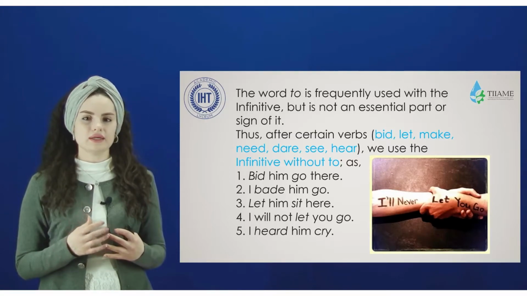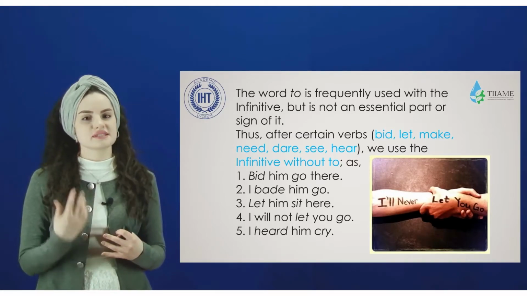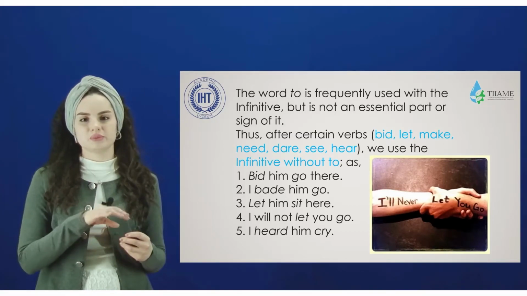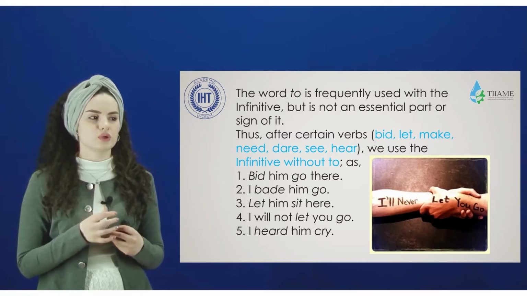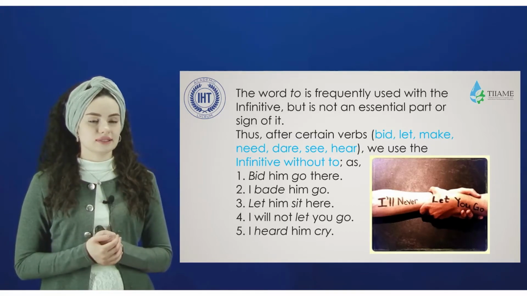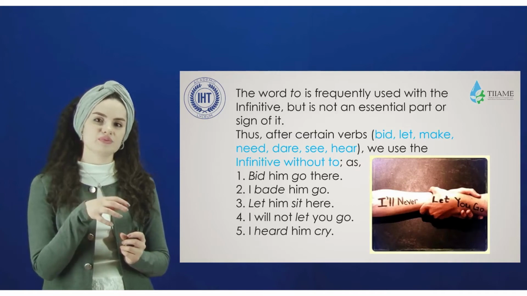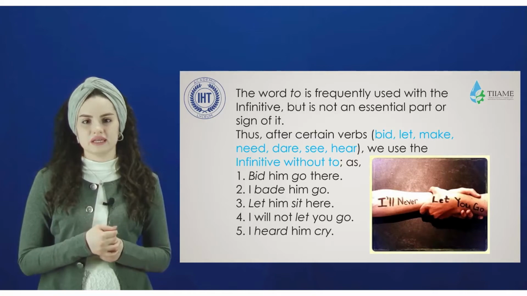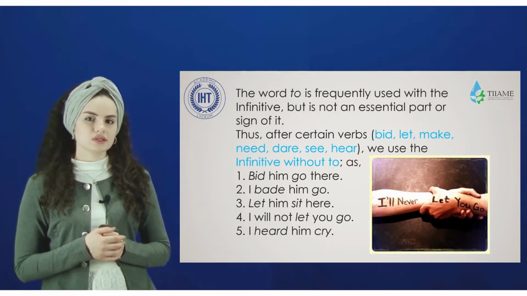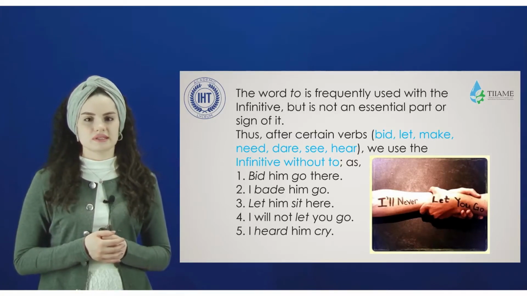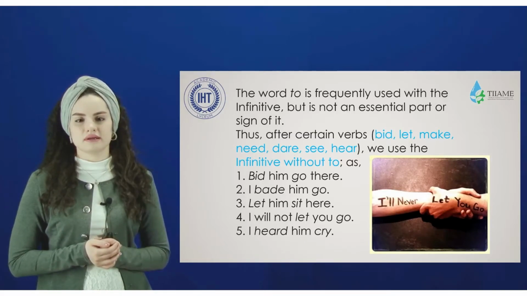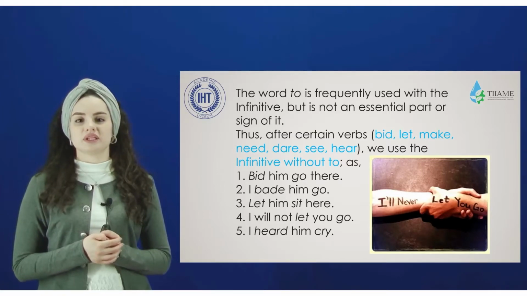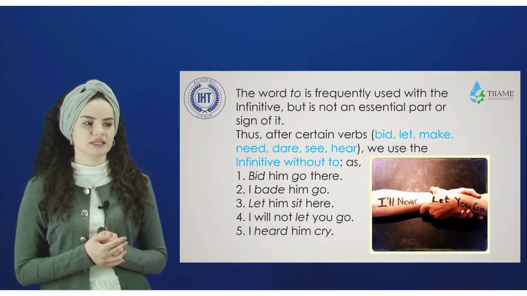So you may use another verb if it is necessary, but you cannot use the particle to. And a pronoun, which will be located between the first verb, highlighted with blue color, and another verb, may be used in the objective case. Actually, this rule is called complex object. This rule is connected with this topic, and at our next lessons, we will discuss it and investigate it in a more detailed way. But now, please pay attention to these words.